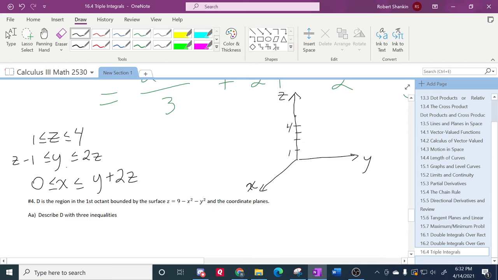Now, the y with respect to the z, and then x with respect to 0, but anyway, think of there being a couple planes in here.